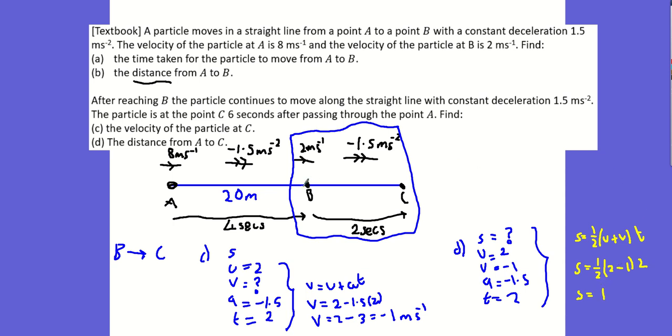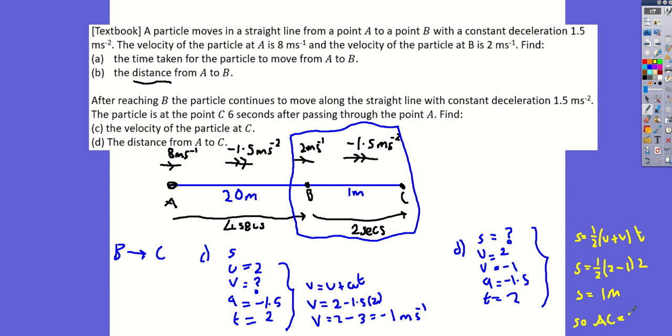So that means that we've travelled 1 meter from B to C. I'll put that on the picture. Make sure I put it as 1 meter. There we go. So the total distance from A to C is 20 plus 1, 21. So finally, AC is 21 meters.